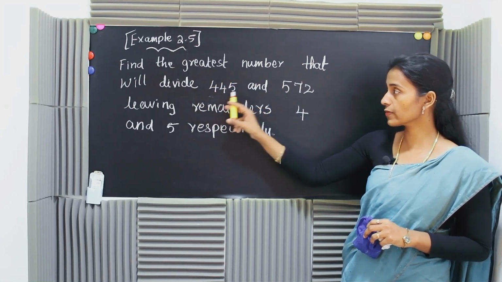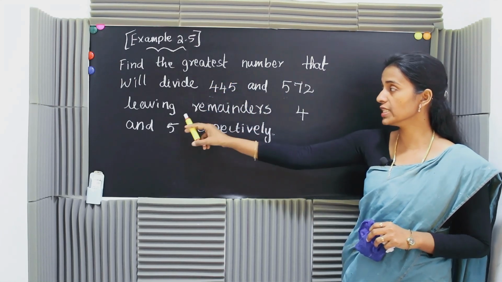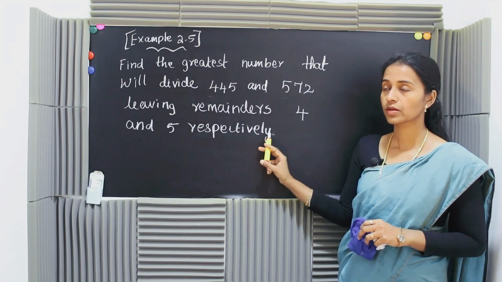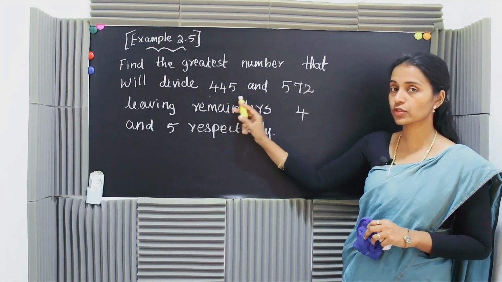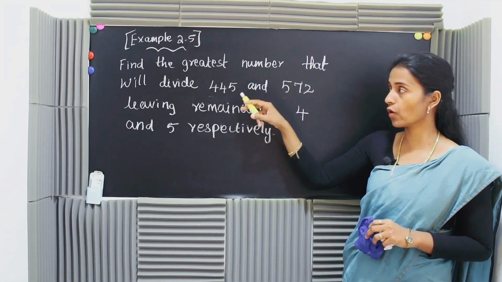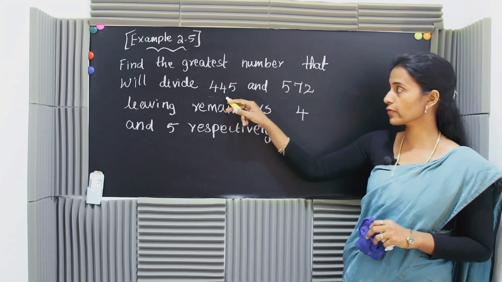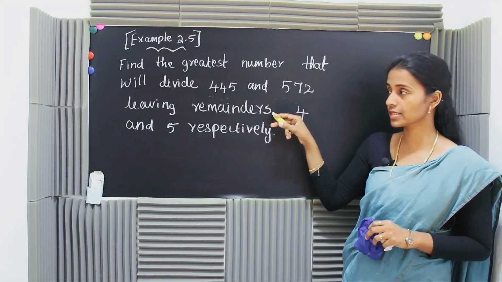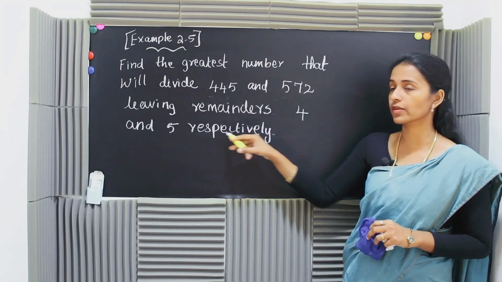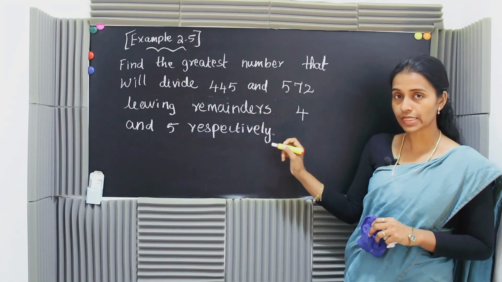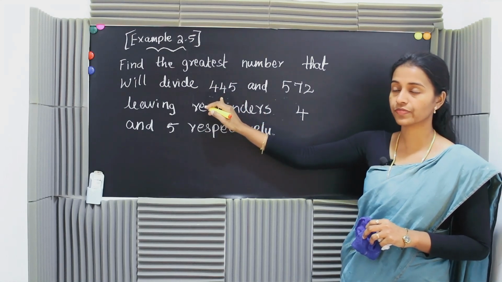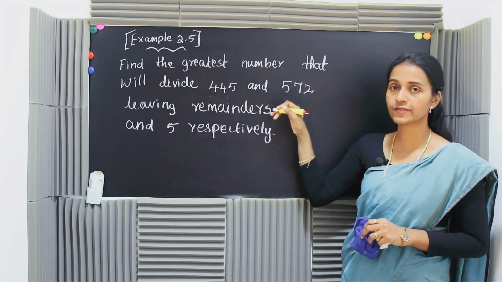Divide 445 and 572, leaving remainders 4 and 5 respectively. We have to find out HCF of 445 and 572, but the condition is leaving the remainders 4 and 5. Which means we need to subtract 4 from 445 and 5 from 572.